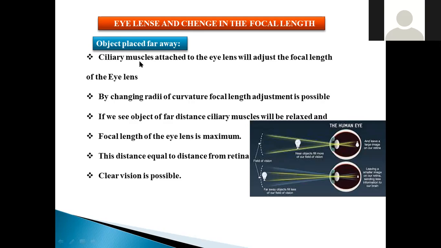Especially these ciliary muscles play a vital role in adjusting the eye lens focal distance. By changing the radius of curvature, adjustment of the focal length is possible. This radius of curvature is present on the surface of the lens, and by changing its radius, it is possible to adjust this focal length.